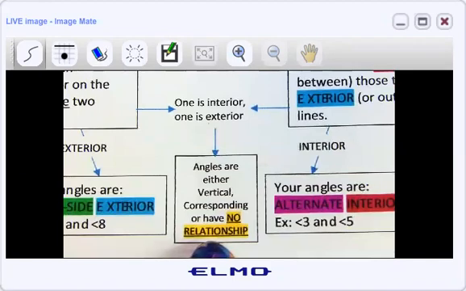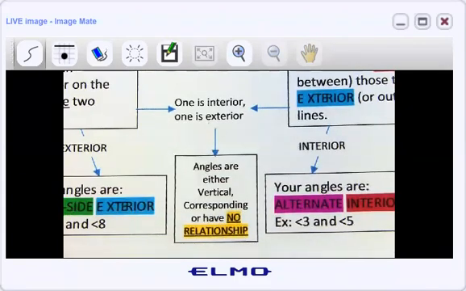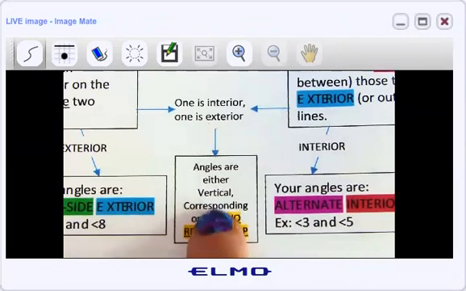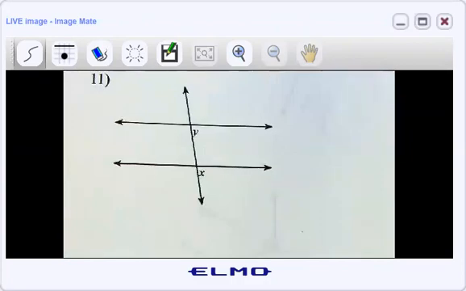It means basically that you probably made a mistake. You didn't follow the flow chart in order, so you missed that they were vertical or corresponding. It is possible that tomorrow we'll have ones that literally don't have a relationship with each other. But today, everybody has one of the 6 relationships we're talking about. So if you got here, you forgot to ask yourself about vertical and corresponding, or you answered incorrectly. In this example, they are corresponding.